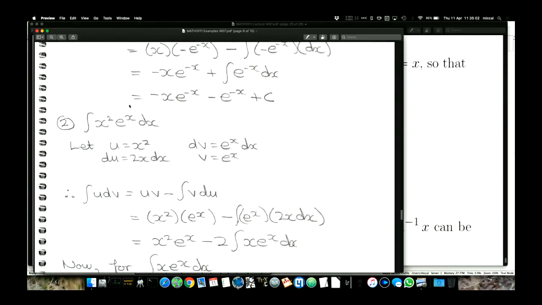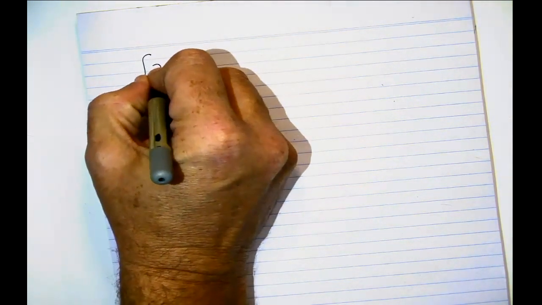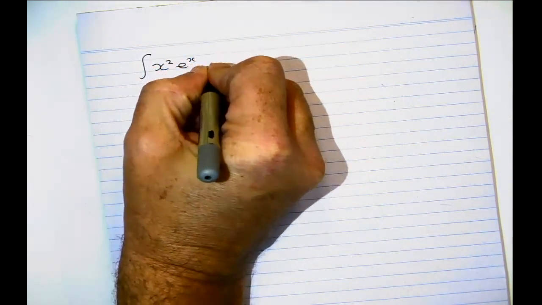Now, which one do I want to do by... I want to do this one by hand. Right, let's have a look at, say, this one. Now, you should note that no substitution is going to work, is it? There's no letting u equal x squared, that's not going to help.